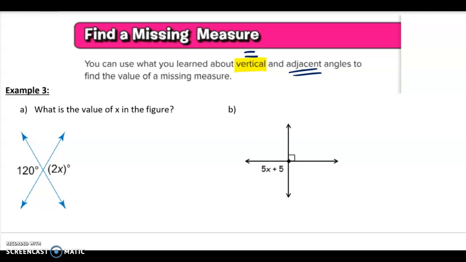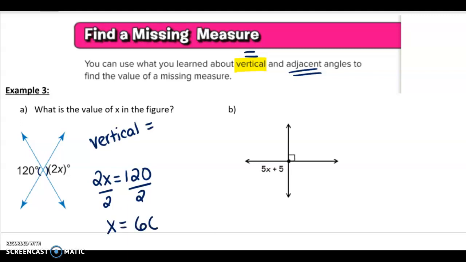So right here for 120 and 2x, those are vertical from each other, which means they're equal to each other. So 2x is equal to 120. Well, I don't want to know what 2 times x is, so I'm going to divide both sides by 2. I'm going to get that the x value is 60 degrees, which makes sense because 2 times 60 gives me 120.